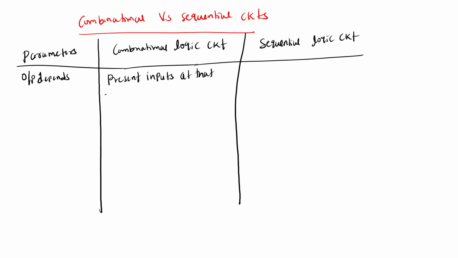And in a sequential circuit, the output depends on the present input and past outputs. What are the elementary building blocks?